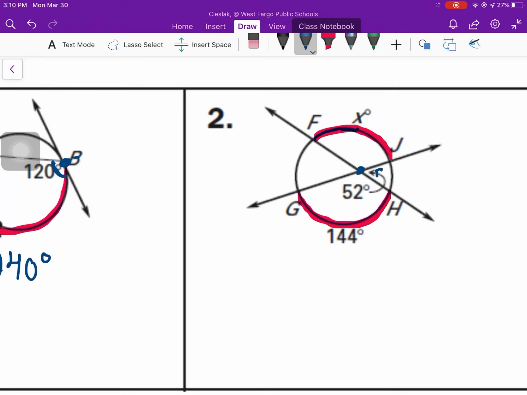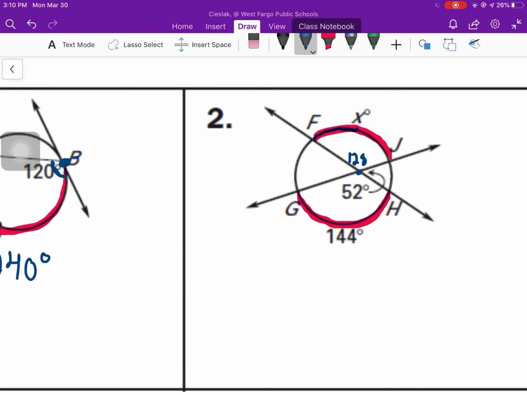So what we can do, because you got to be careful, that 52 degrees is right there. It's not this angle. So what we need to do is think that right here, these two angles are supplementary. So I could go 180 minus 52, which tells me then that this angle right here is 128 degrees.